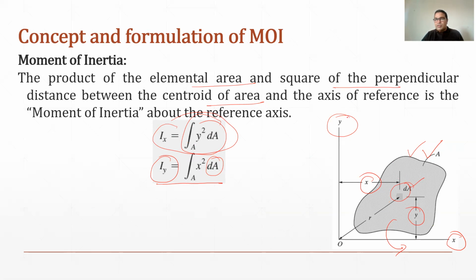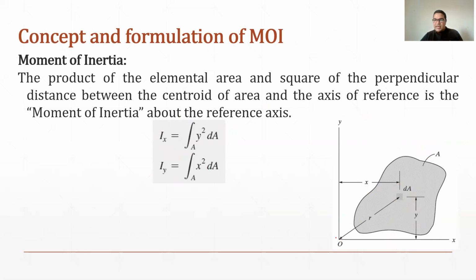Similarly, in this case, the y-axis and x-axis are shown. There can be a z-axis also. For example, if this is the z-axis, what will be the distance of this dA from the z-axis? The distance from the z-axis will be r.